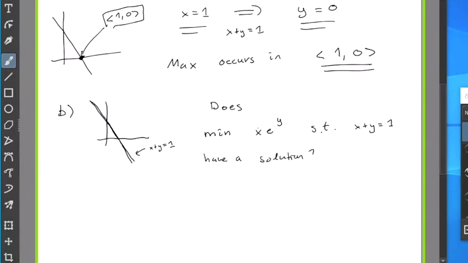So a formal way to write down what I just said is something like this. We can notice that all of the points of the form (t, 1 minus t) are feasible, so they obey the constraint.